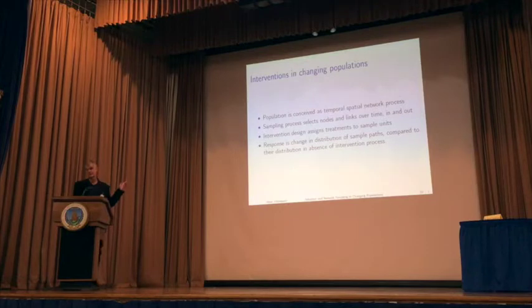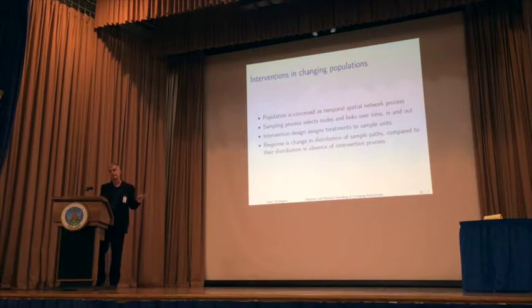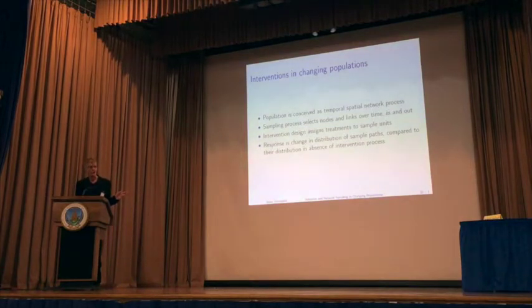And for the last few years, a lot of my attention has gone into the interventions in sampling. So think of something like integrated pest management, which was actually one of the first cases this came to my attention.